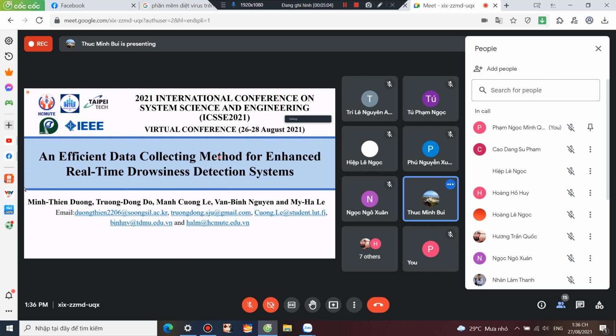I see. My system is trained first, and we will install the system in the car, and when the driver gets in the car, the system automatically detects the drowsiness state. Okay, so you have to train first.